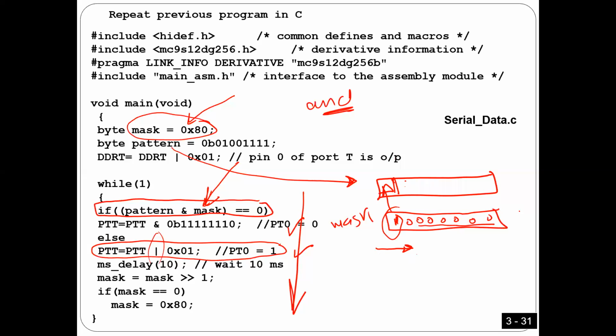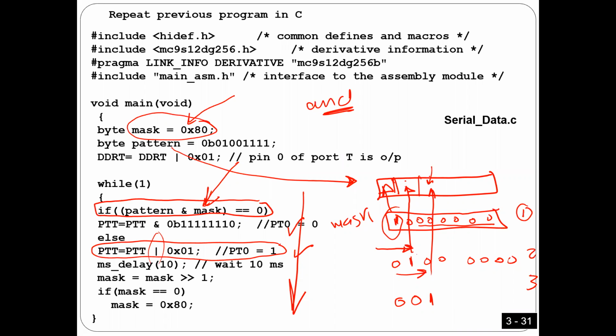This is iteration 1. In iteration 2, the mask is going to become 0 1 0 0 0 0 0 0, so I check this bit. Iteration 3, same thing, I'm going to shift it again, so 0 0 1, so that I can check this bit, and so on.